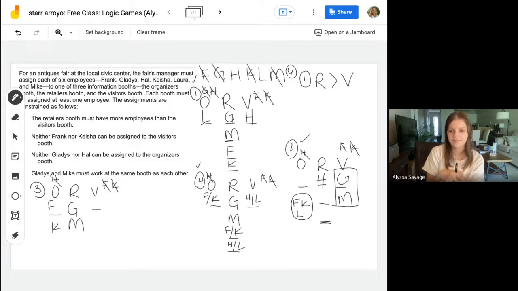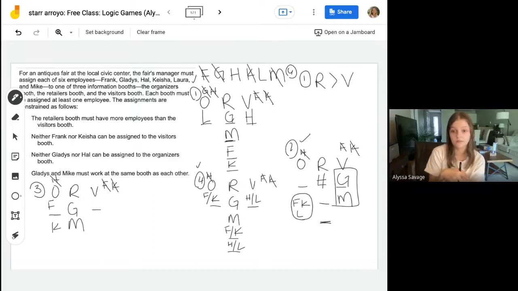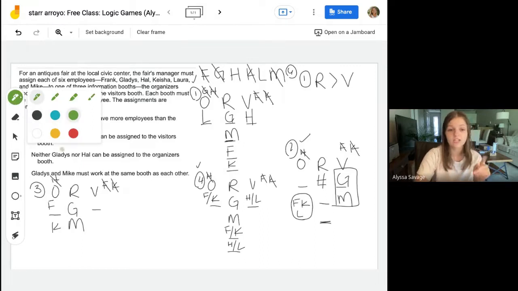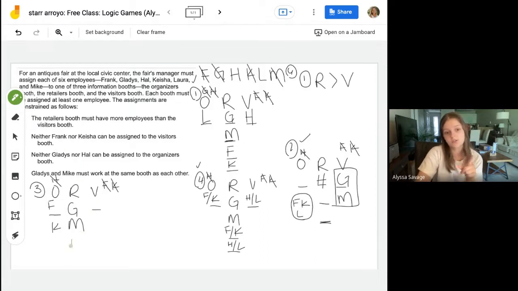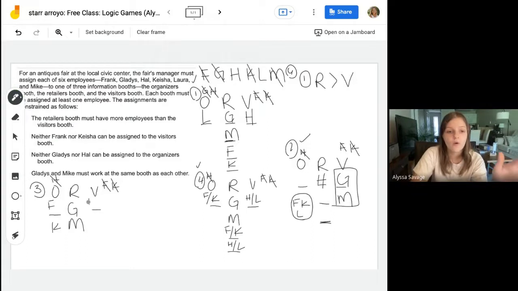Wait. Well, H, because H can't go into O. But could it go into R? Yes. So technically, H doesn't have to go into V because we could do something like this. So really what we're thinking is H and L, one of them's going to have to go into V. Doesn't really matter who.